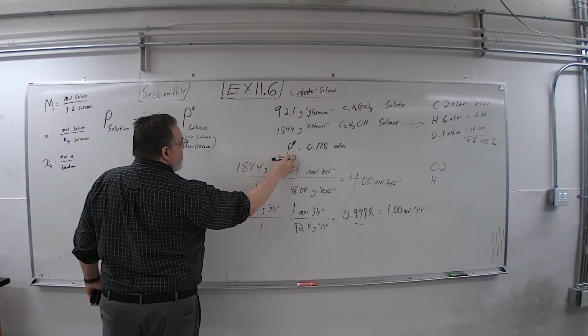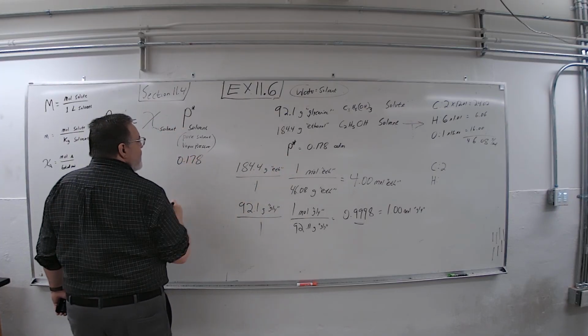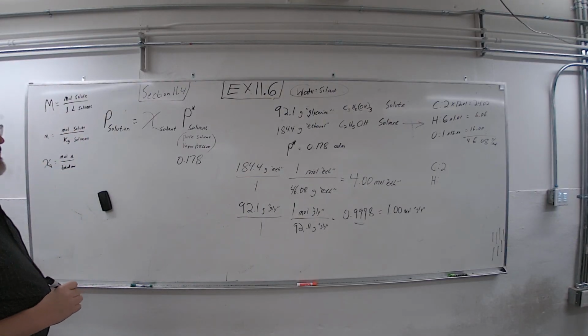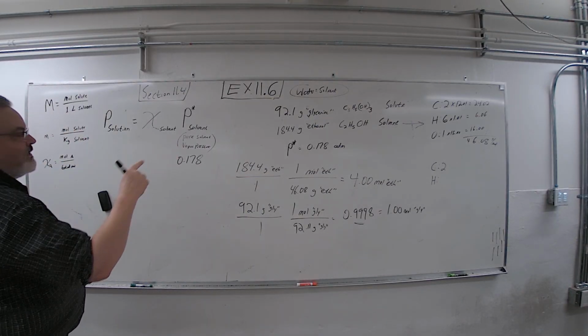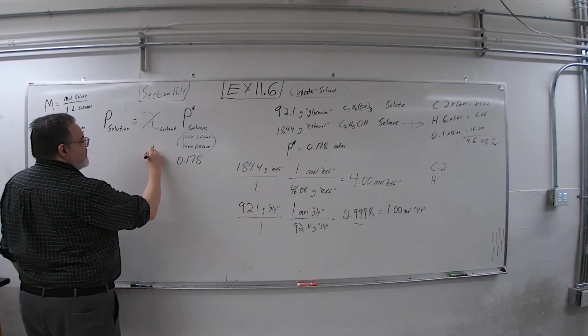So for the pure solvent, the solvent here is the ethanol. So the mole fraction of ethanol is 4/5.